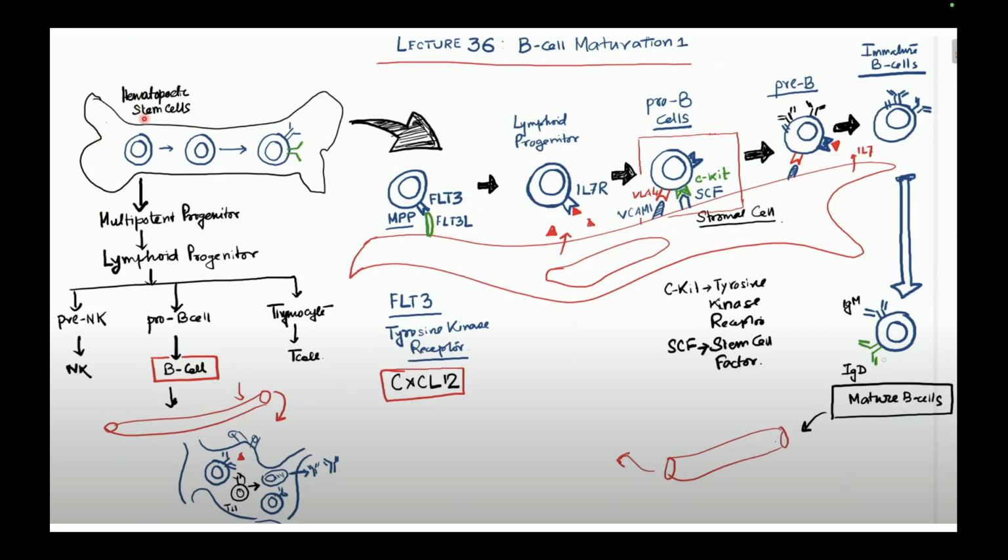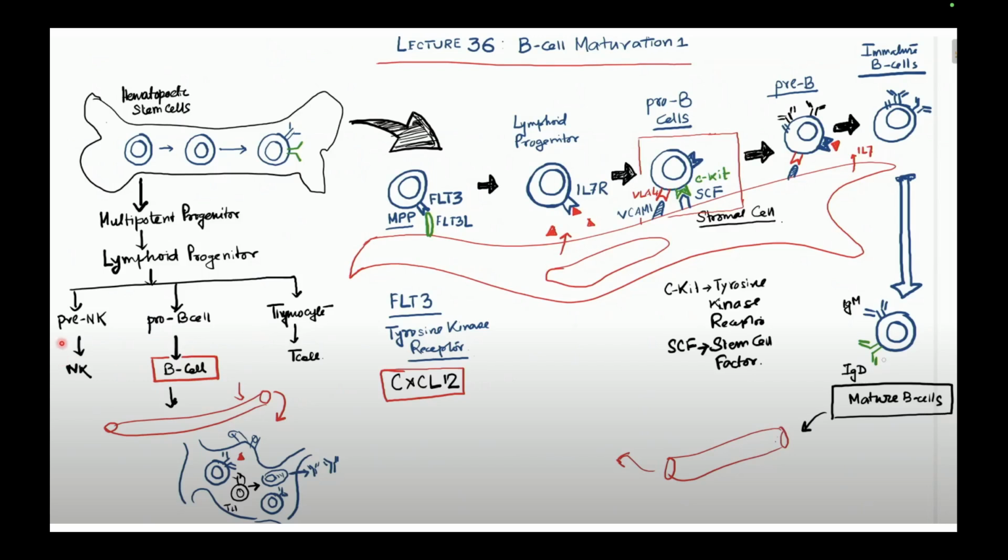The bone marrow has multipotent progenitor cells. From multipotent progenitor cells we get the lymphoid progenitor cells. So firstly, hematopoietic stem cells make the multipotent progenitor cells, which produce lymphoid progenitor cells. From this lineage we get three kinds of cells: pre-natural killer cells, pro-B cells, and thymocytes.